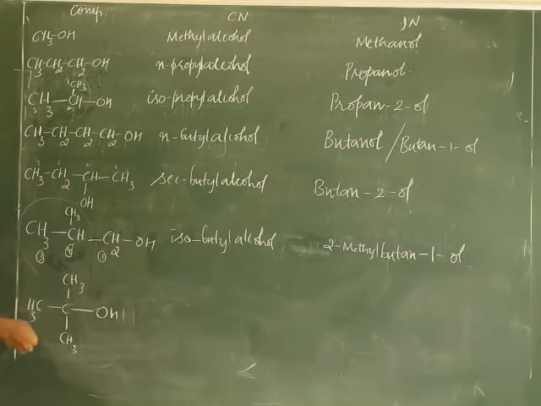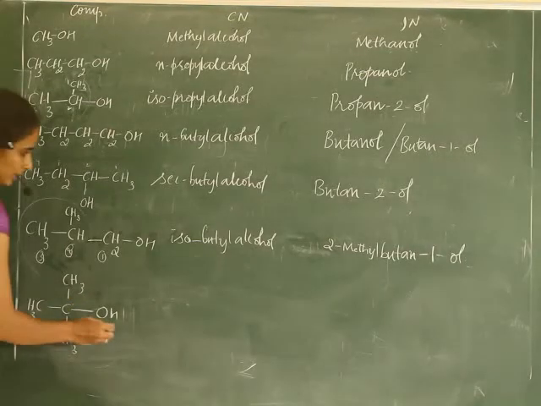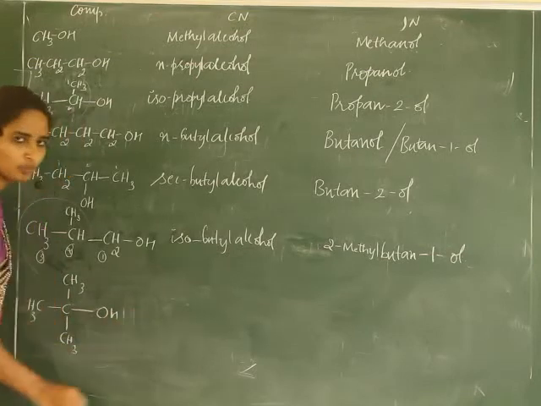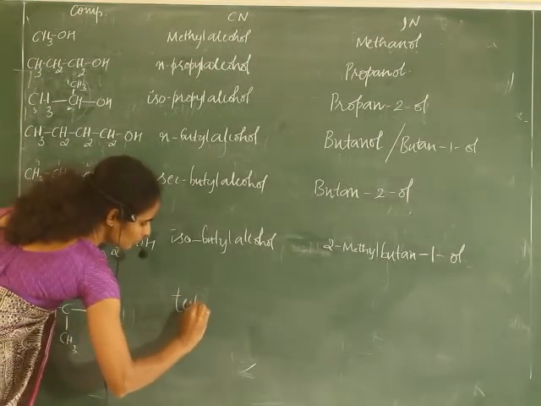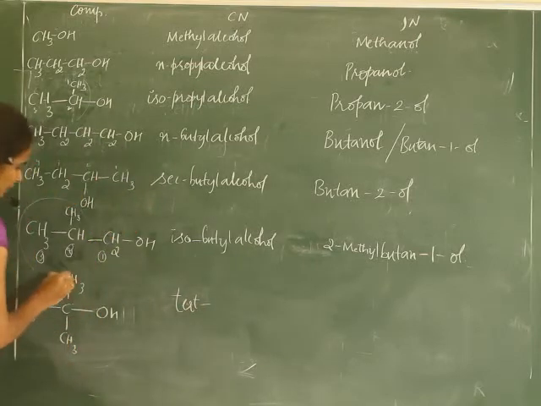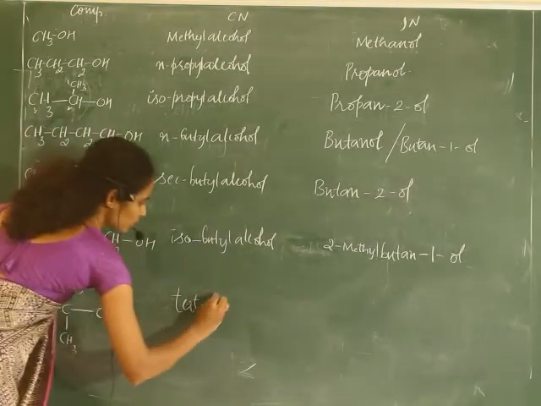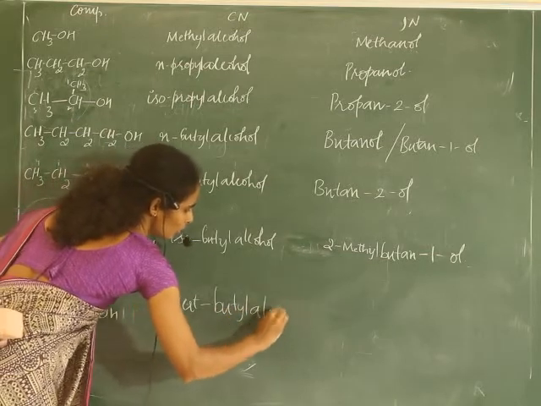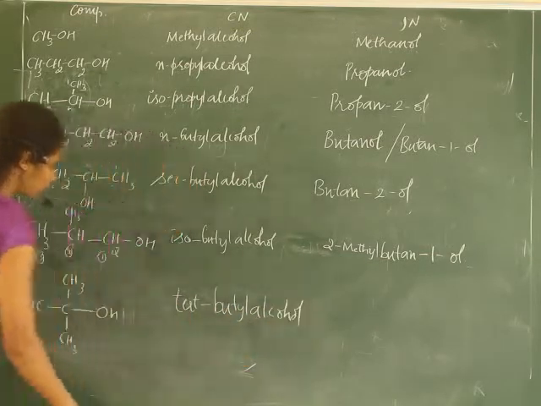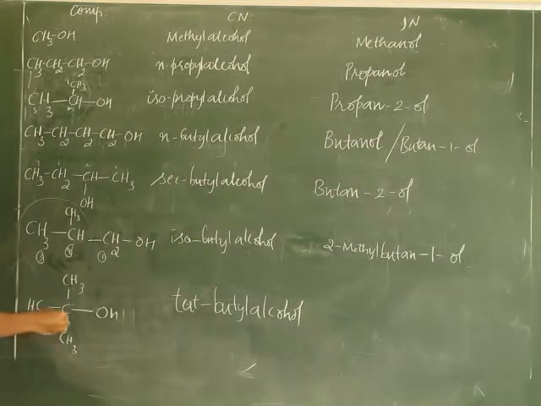This is tertiary carbon atom. Hence, the common name of this compound is tertiary. How many carbon atoms are there? 1, 2, 3, 4. Tertiary butyl alcohol, right?